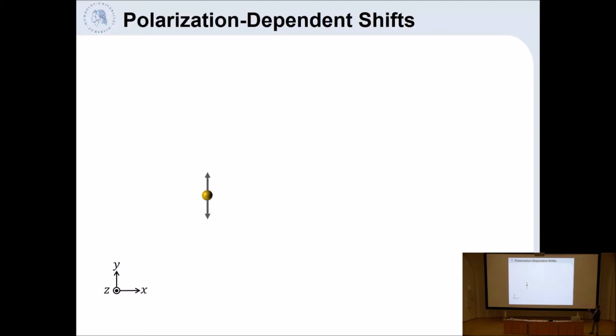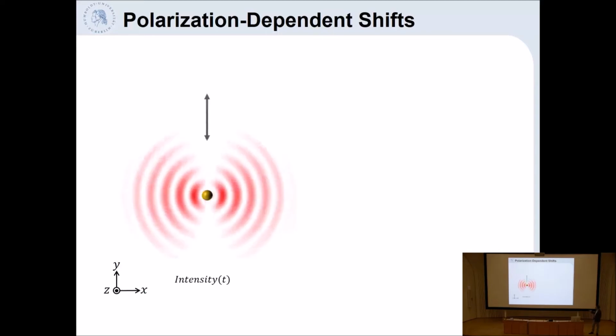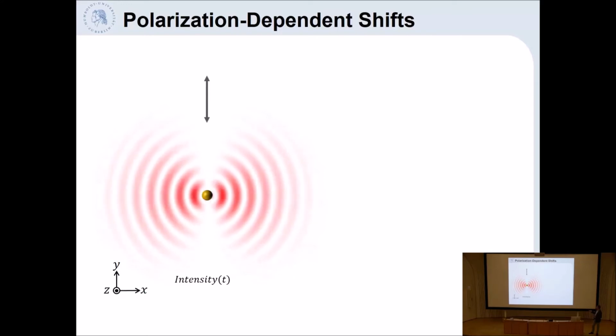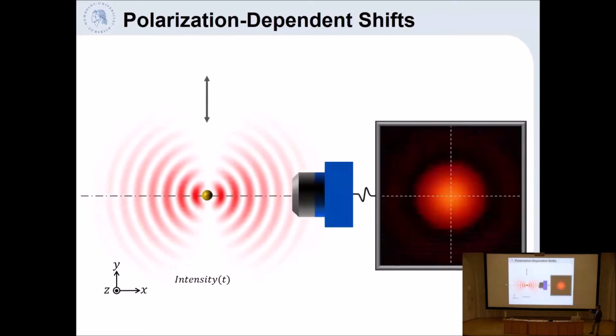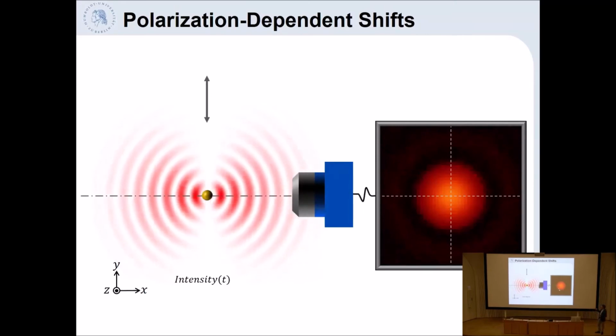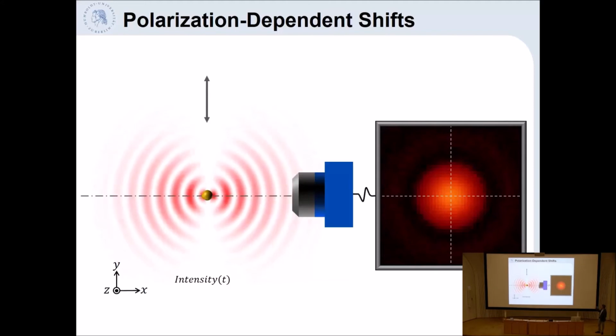So we first have a component that oscillates in a direction orthogonal to the optical axis. And such a linear dipole then radiates a dipole emission pattern, but it's of course symmetric with respect to the optical axis. So if I image such a linearly polarized emitter, then I will just get a point spread function which is centered on the optical axis, okay?